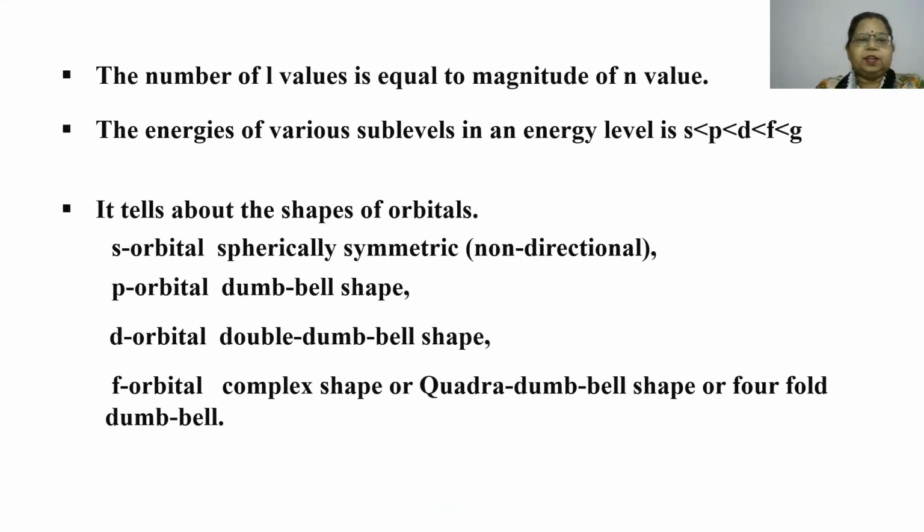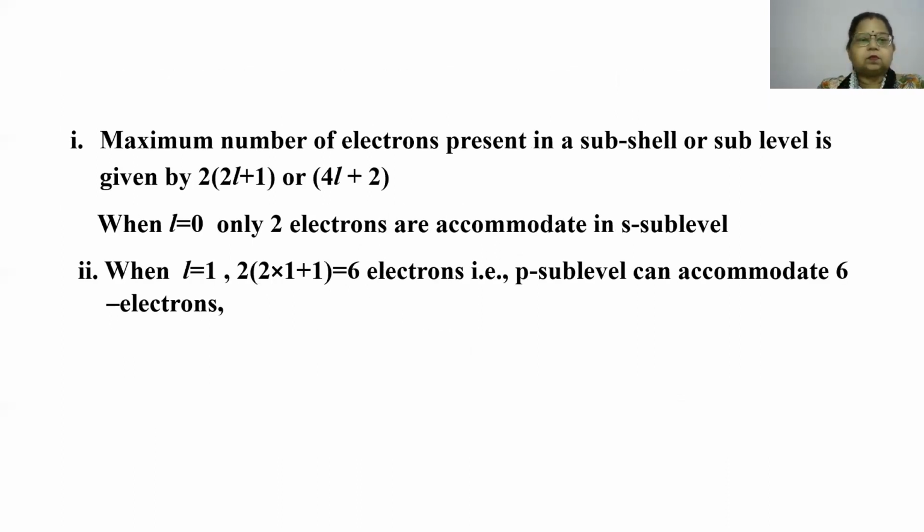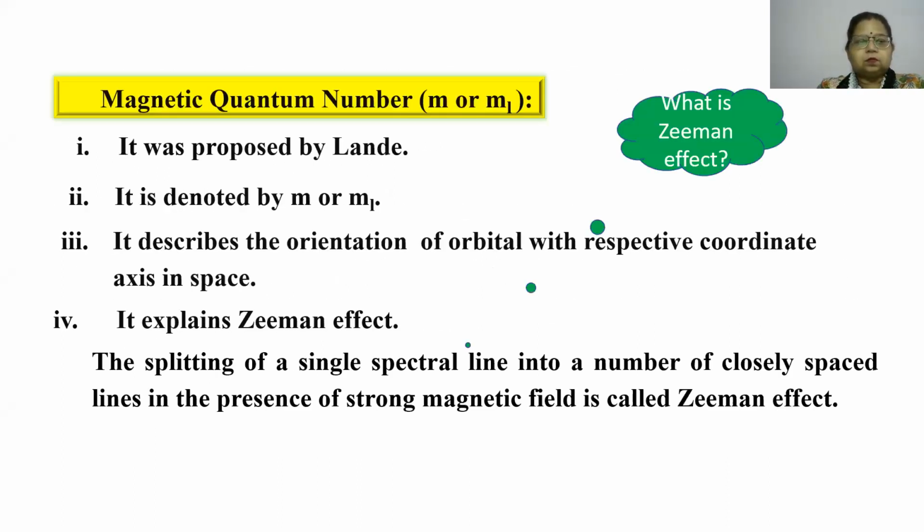So we know about their shapes, so let's move on. Magnetic quantum number, what does it tell us? It tells about the orientation of orbitals. Therefore, for p you have 3 values, for d you have 5 values.